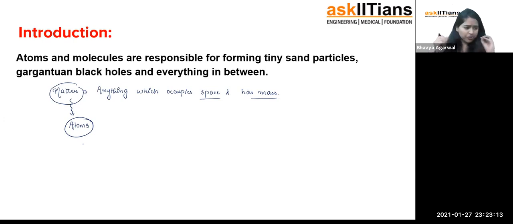You talk about the slightest thing like a very tiny sand particle, to black holes and wormholes. Whatever you think this universe is composed of, everything is matter, as of now. Though, just FYI, there are things which are known as dark matter, antimatter, and so on.